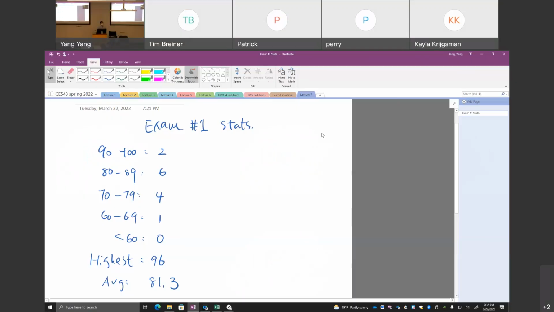So tonight we have two goals here. The first goal is to talk about the first exam, and after we talk about the results of the first exam, as well as a little bit of discussion on the solutions to all the problems, we will cover another new topic about numerical integration to analyze a single degree of freedom system, so that we can get the numerical results for any arbitrary loading.